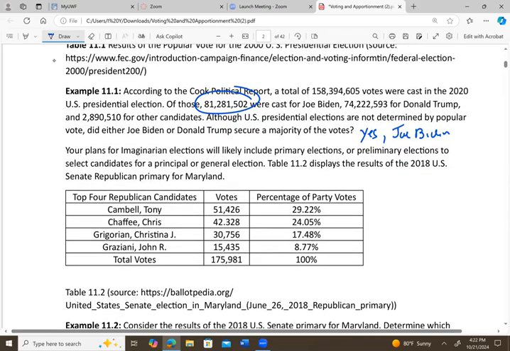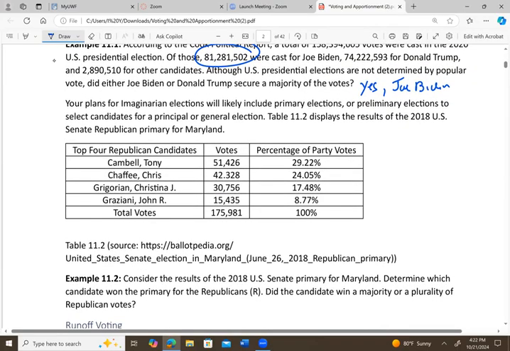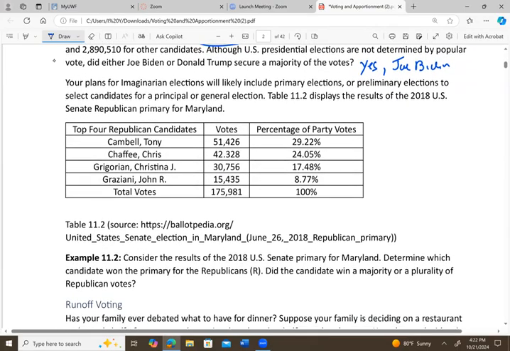Your plans for Imaginarian elections would likely include primary elections, or preliminary elections, to select candidates for a principal or general election. Table 11.2 displays the results of the 2018 U.S. Senate Republican primary for Maryland. So consider the results of this primary.